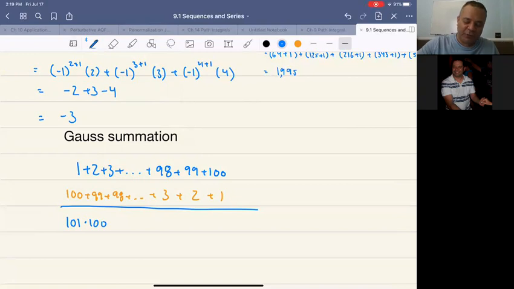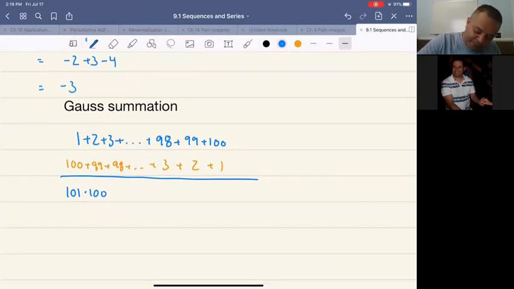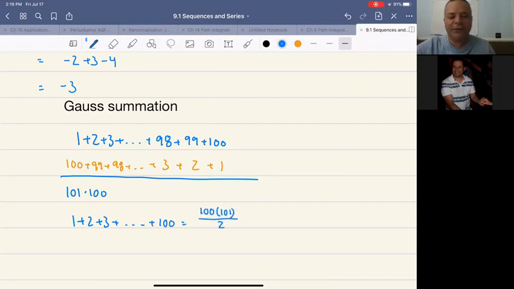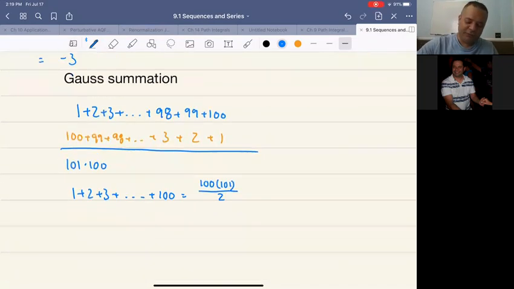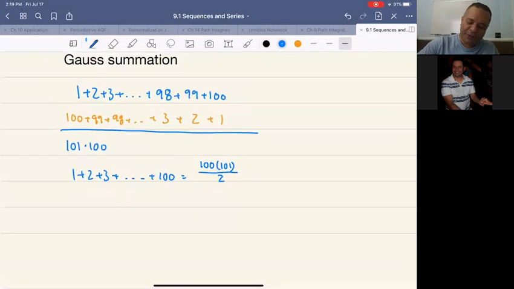So what Gauss found was that 1 plus 2 plus 3 all the way up to 100 is 100 times 101 divided by 2. Well, he was a math person even then, so you could easily extend that. You go to n, and you can make the same argument.